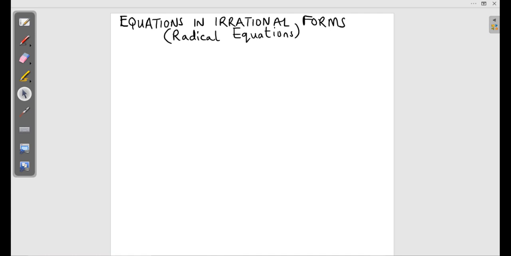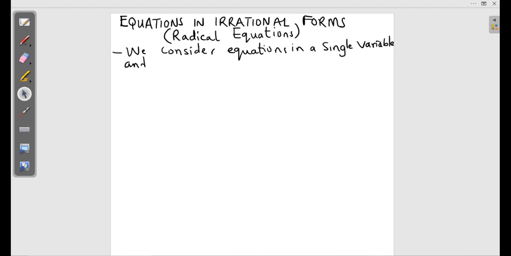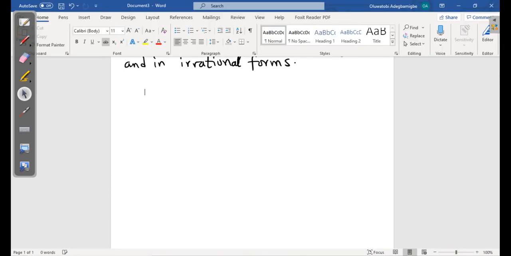And what do we consider here? What we consider is equations in a single variable and in irrational forms.